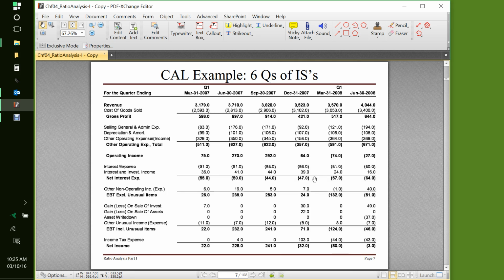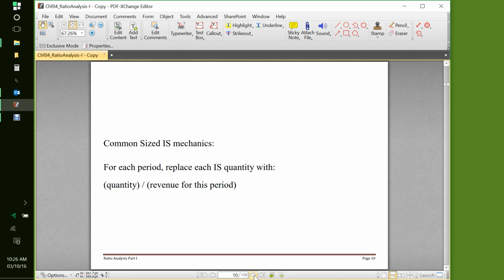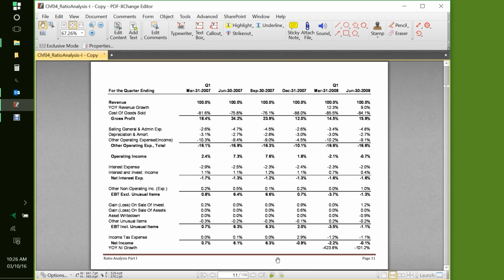We'd like to morph that into, for each column, a set of percentages where every number in the column is going to represent a percent of the top number in the same column, which is the sales in the same quarter. And so I've gone ahead and done that for us here on page 11. And so what do we see?